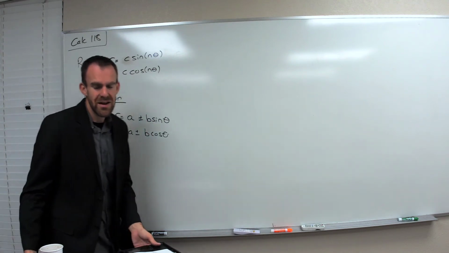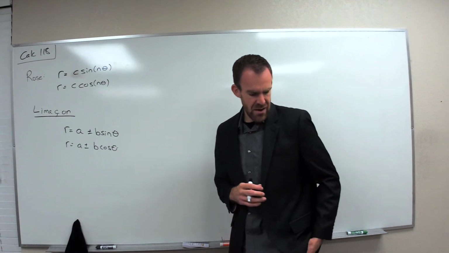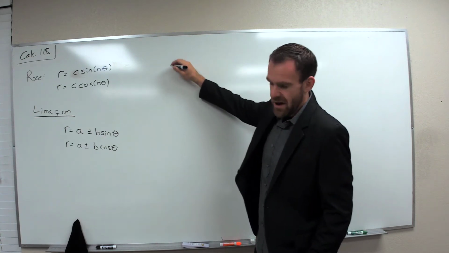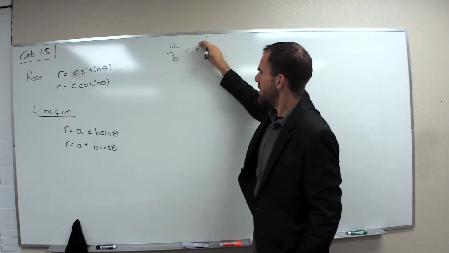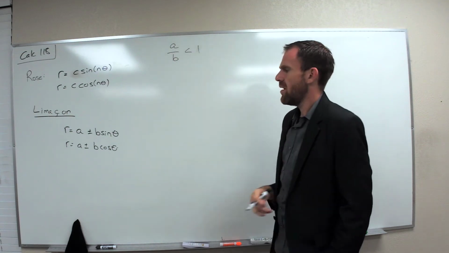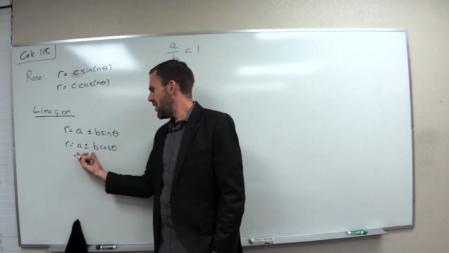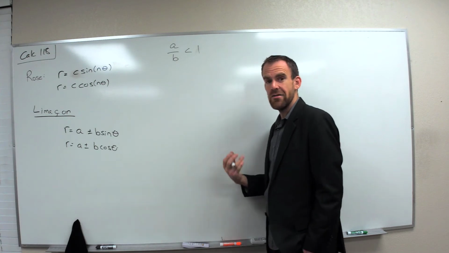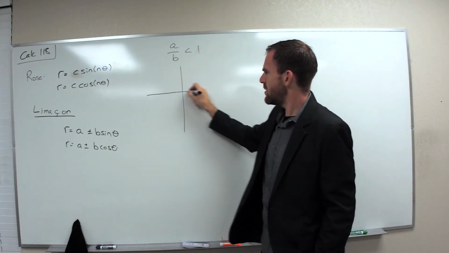So here is the quick look, the general rule for these. If you have a over b less than 1, or simply a is less than b, that means that your a is not enough to overtake the sine or cosine function, then you're going to get a limaçon that looks something like this.